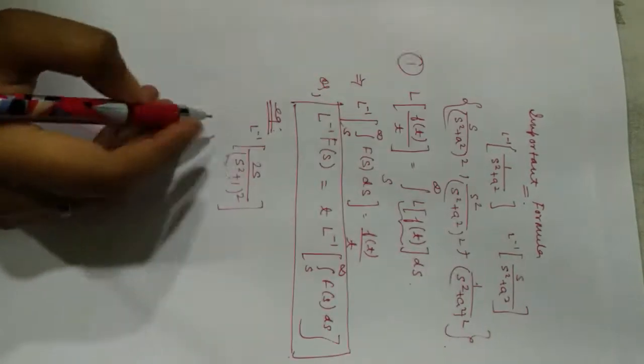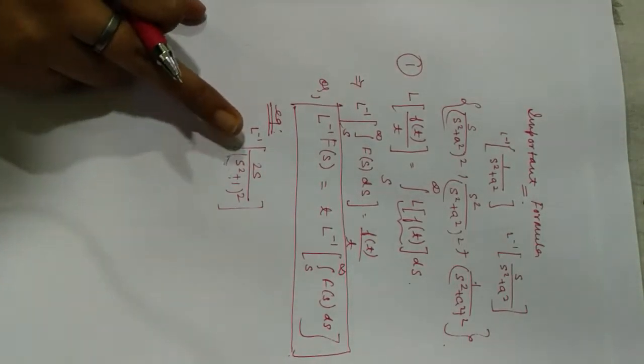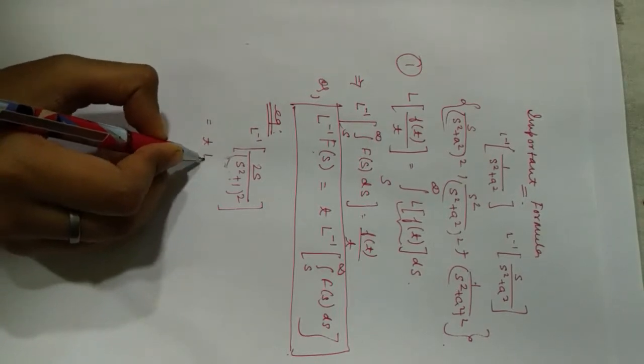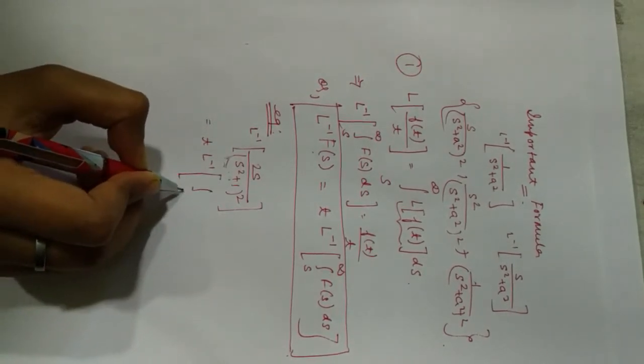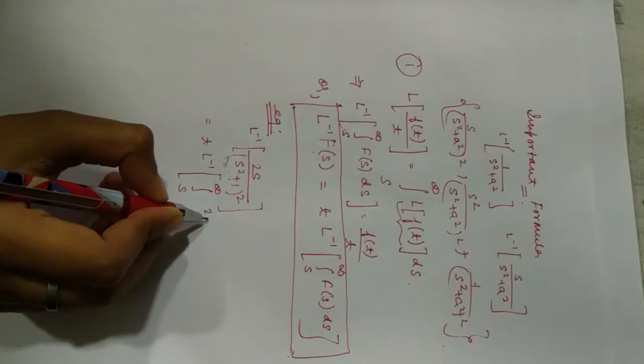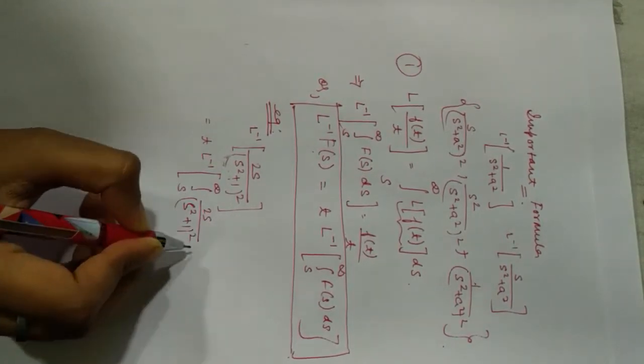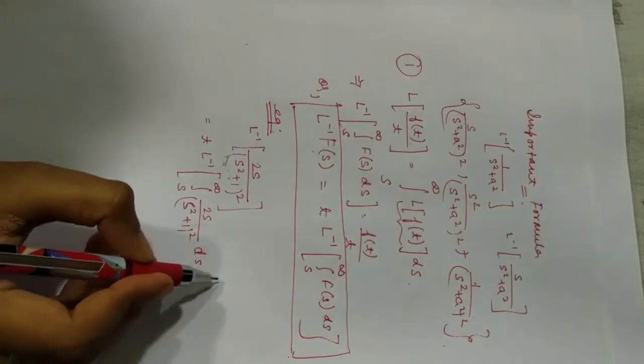So we will apply this formula: inverse Laplace of a function of s, that is F(s), is equal to t into inverse Laplace of the integral of the function 2s divided by (s square plus 1) whole square ds, right?